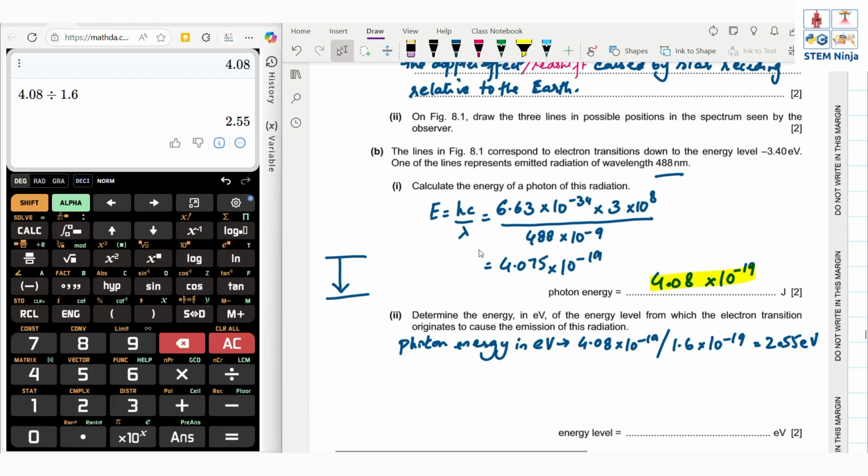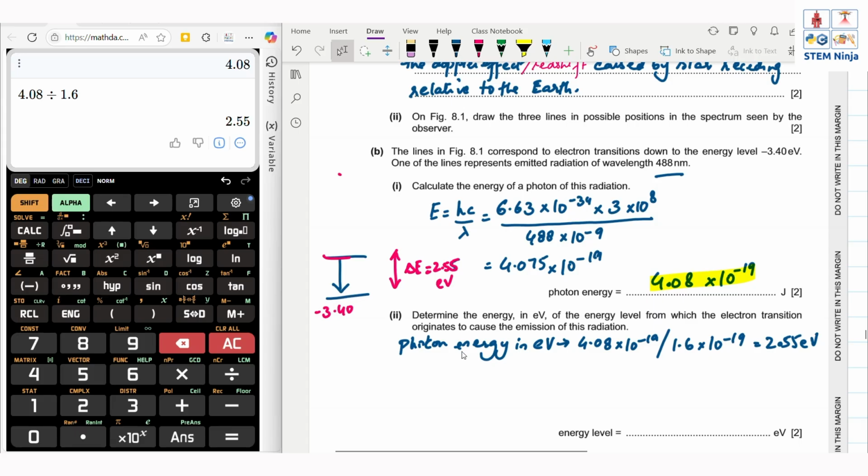All right. So remember one thing over here. This represents the energy difference, 2.55 electron volts. So this means that minus 3.40 is more negative than whatever this thing is.